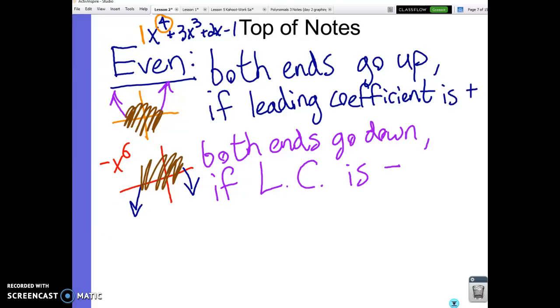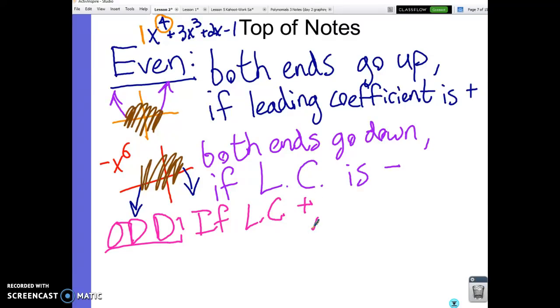Now, for odd functions. So odd functions would mean that the highest power is an odd number. So these ones are a little different. So if the leading coefficient is positive, then it starts down and ends up.